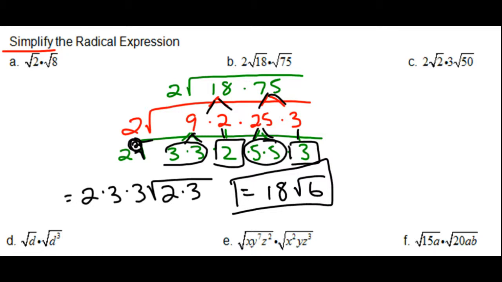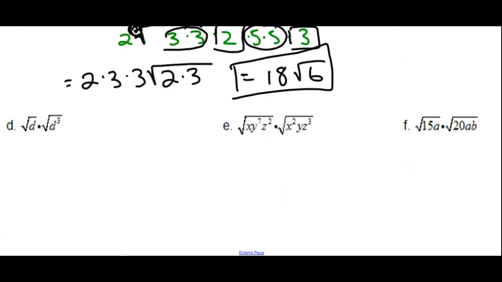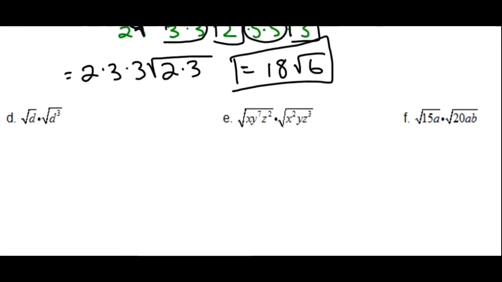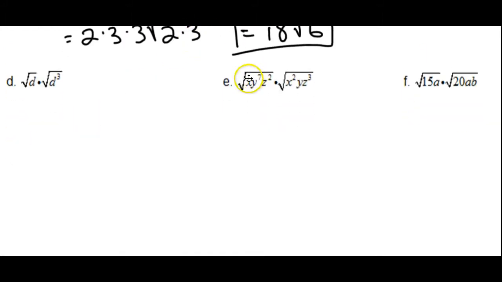All right, let's look at this complicated looking one. So we have square root of x y to the 7 z squared times square root of x squared y z to the third.